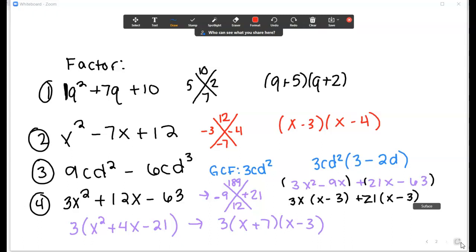And I eventually got you to 3x plus 21 and x minus 3.